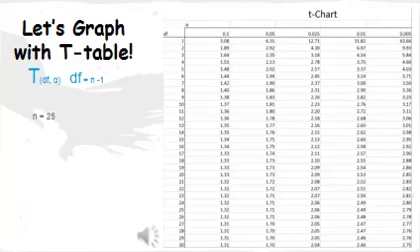We start in the row 24 and move to the right until we find 2.8, or the closest t-cal to 2.8. Then we will go up from there to find our alpha, or percentage, at 0.005, otherwise known as 0.5%.